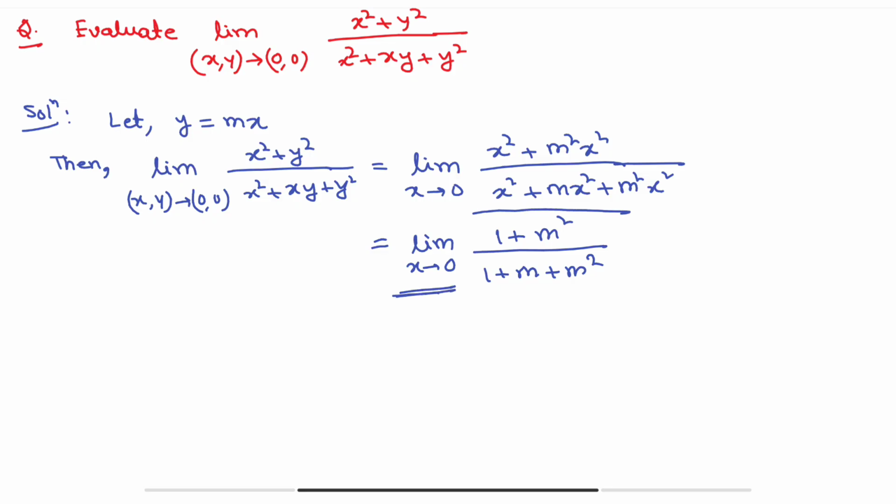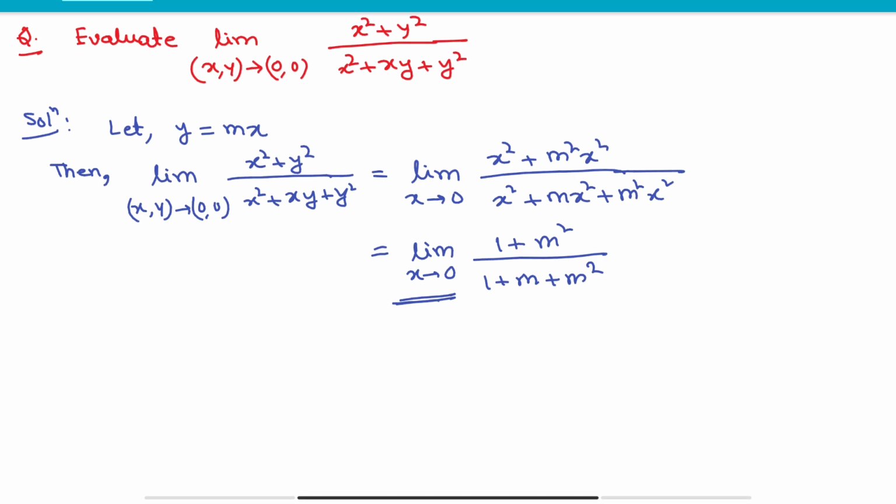but in this function there is no variable of x. Clear? Here the limit is x tends to 0, but there is no variable of x. Okay, but now what is m? M is constant.